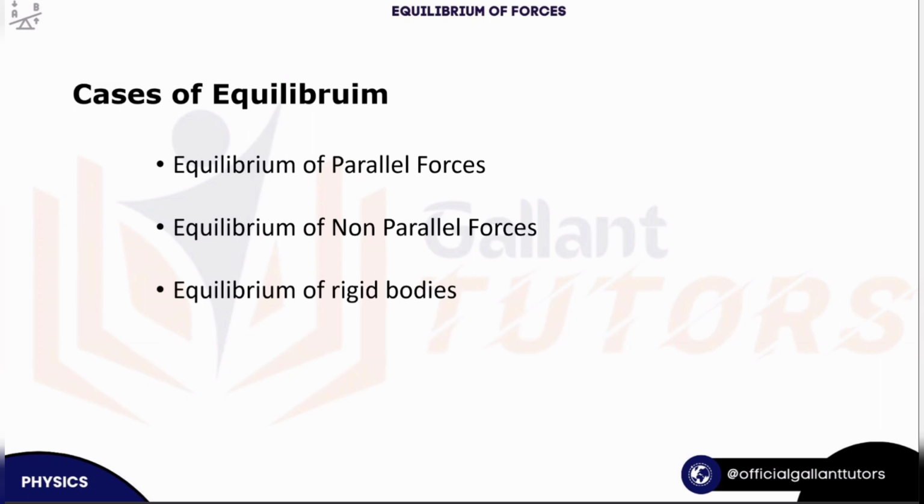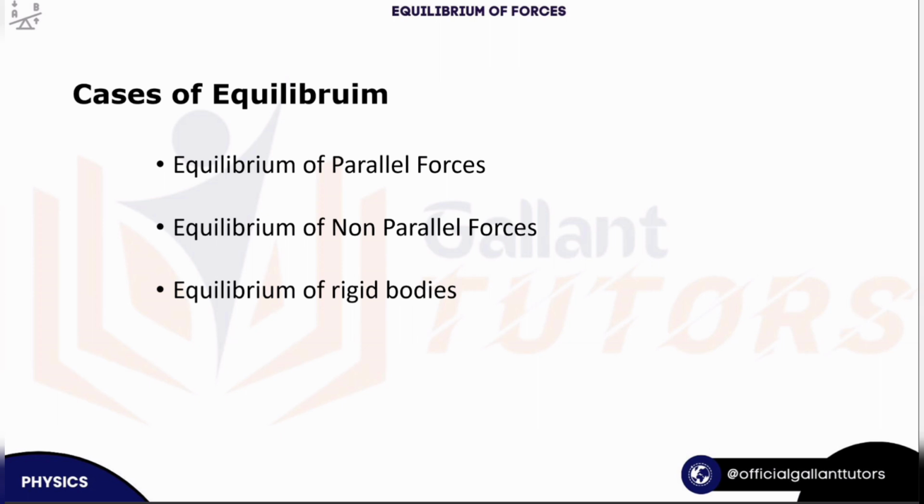All right. So now we understand what equilibrium is all about, and we understand the various types of equilibrium that we have. Now, equilibrium can be achieved in several ways. The first one we'll be starting with is equilibrium of parallel forces.